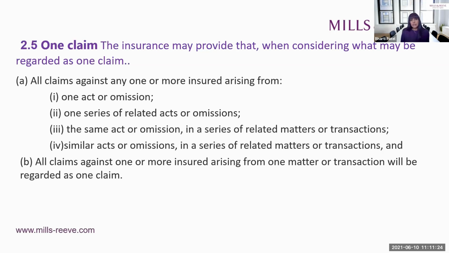And it's that last bit, related matters or transactions, that was the subject of the AIG Woodman case, which I'll come to very shortly. But just quickly looking at limb 3 and some examples that could arise under that limb, it could be a solicitor giving the same negligent advice on title to multiple clients buying flats in the same building.